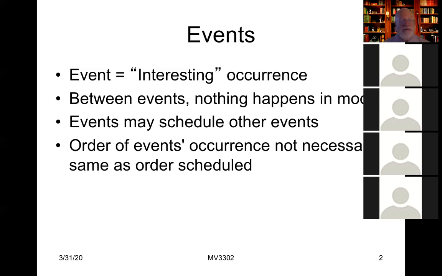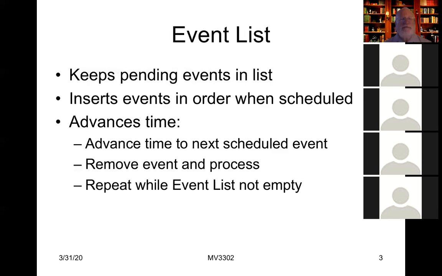And they may occur soon, they may occur in the future. The event that is scheduled may be the next event to occur, or there may be other events that have been previously scheduled that will occur first. And again, as we work through more examples today, and in the near future, you'll see how this works.